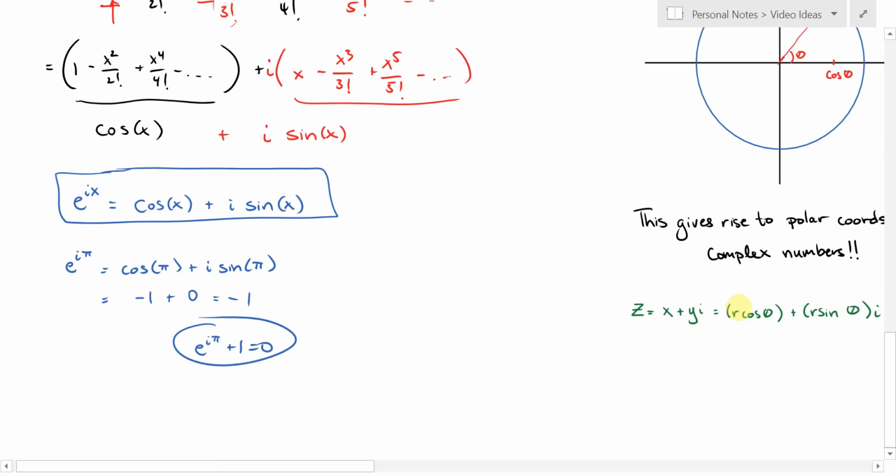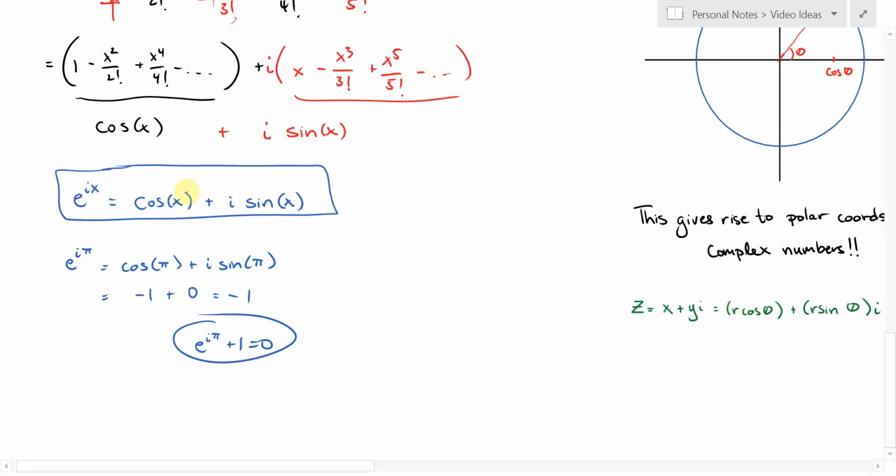So here's the nice thing about e^(ix). This is our real part, and remember that that's always the x-coordinate when we plot it on the complex plane, and this i times sine x, so sine is going to be the imaginary part. And remember that's always plotted as the y-coordinate.